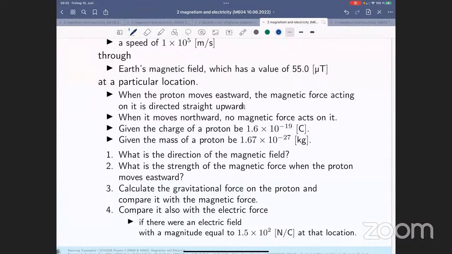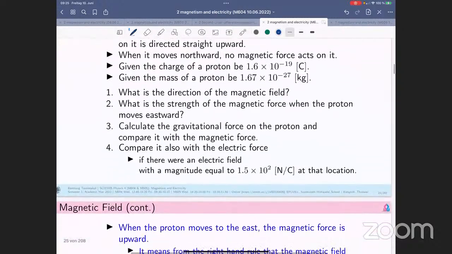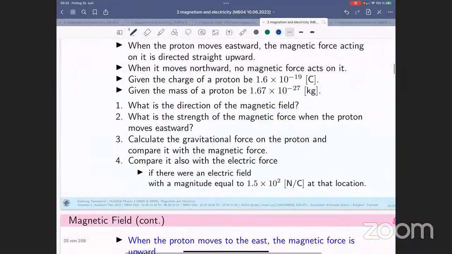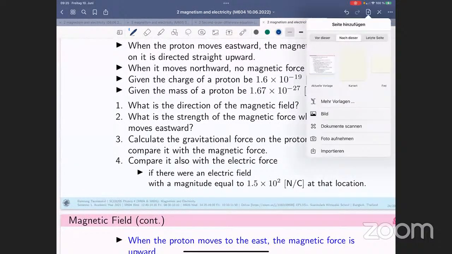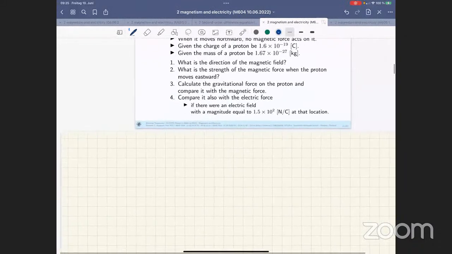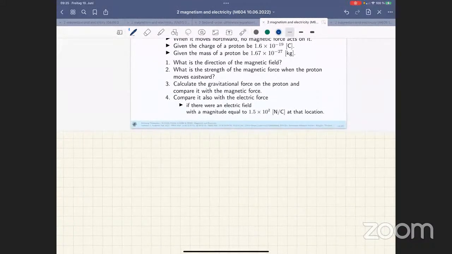So we have to think in 3D, right? A 3D system, 3D plane. There is no figure, so I need to draw it so that we do not forget. We start from the 3D Cartesian coordinate.